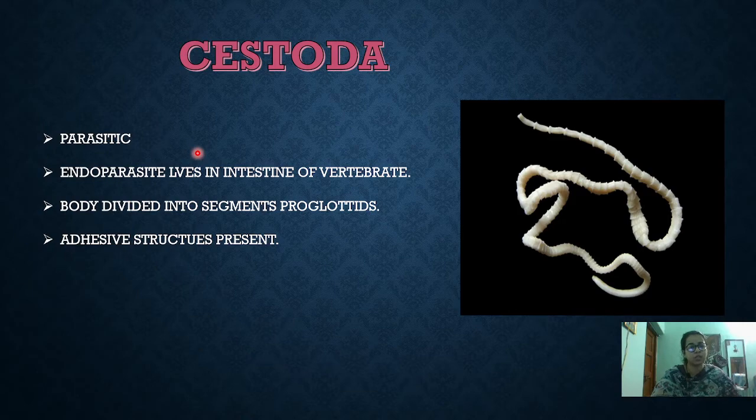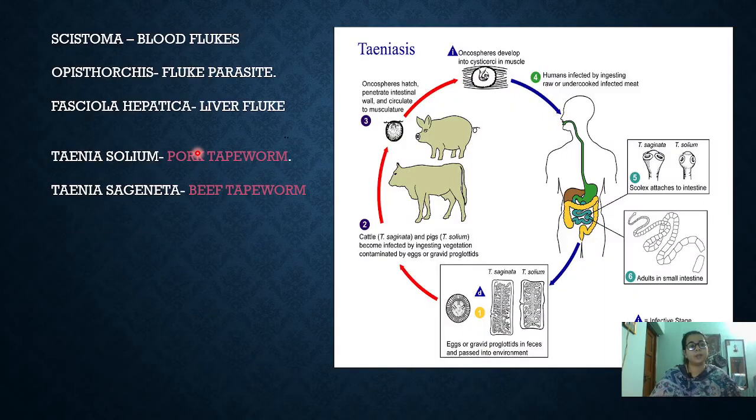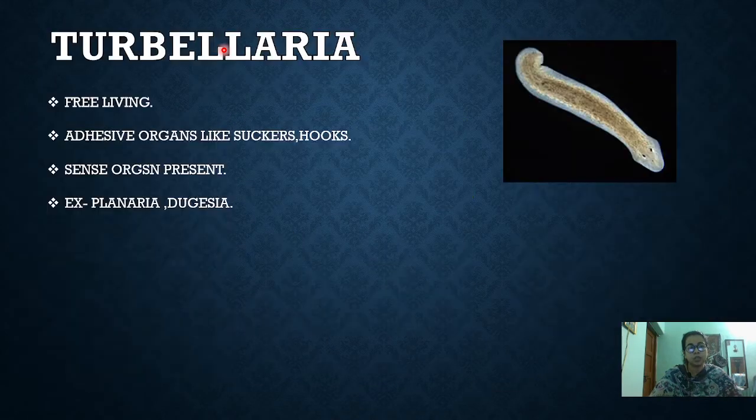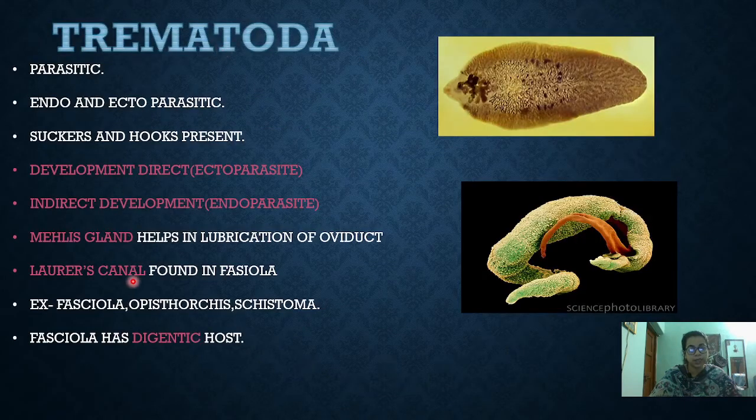Then, certain extra things regarding this phylum: Schistosoma is known as the blood fluke. What is Schistosoma? You must be wondering. Schistosoma is an example of the class Trematoda, that is, Fasciola, Opisthorchis and Schistosoma are examples of the Trematoda.